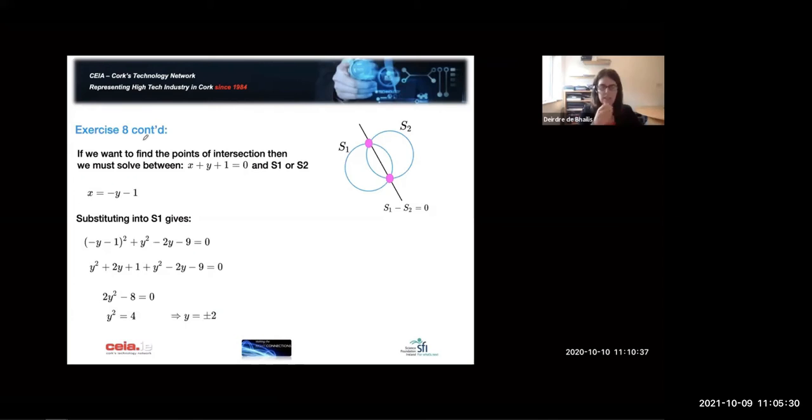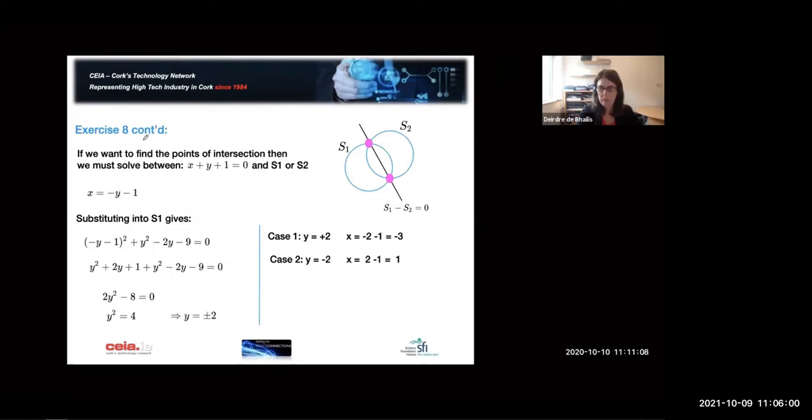And if y is equal to the square root of 4, then there are two answers for y. y can be plus 2 or it can be minus 2. So in the case where y is equal to plus 2, then x is equal to minus 2 minus 1, which is equal to minus 3. So that gives us our first point. And in the case where y is equal to minus 2, x is equal to 2 minus 1, and x is equal to 1.